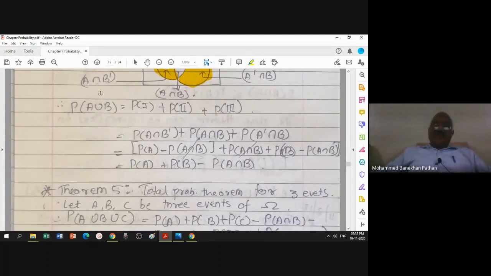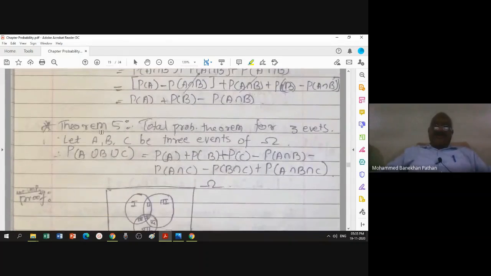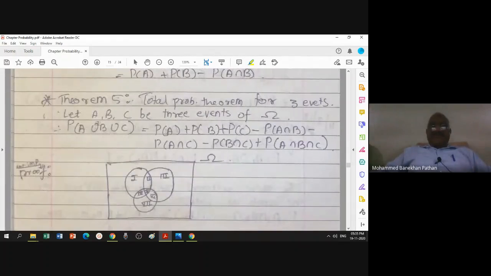We can generalize this theorem for 3 and more than 3 also. For example, I write theorem 5, total probability theorem for 3 events. Let A, B, and C be 3 non-empty events of omega.